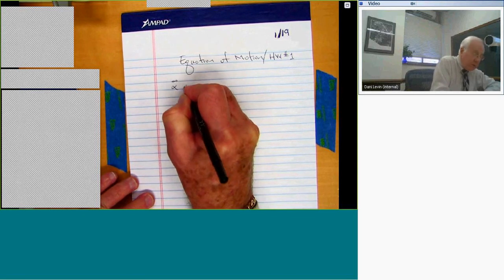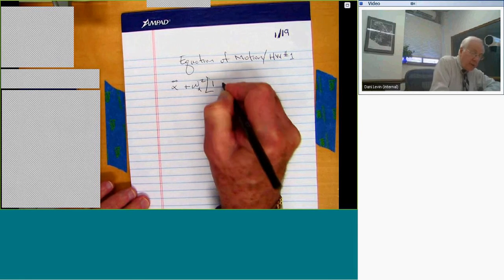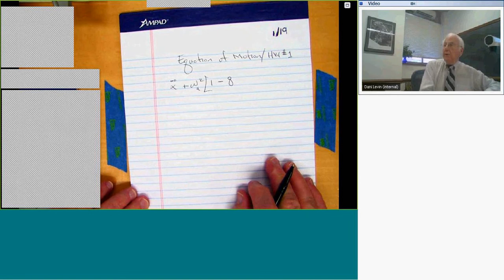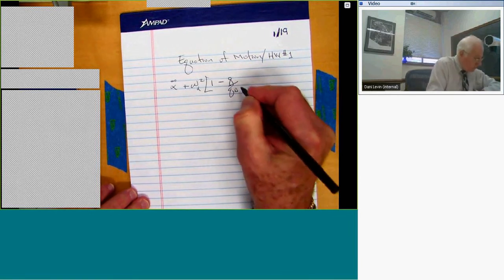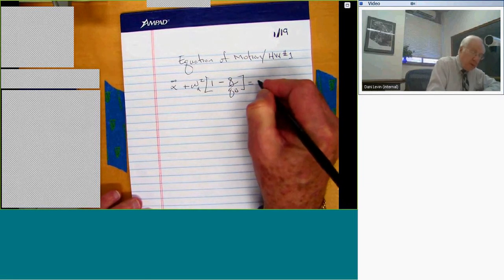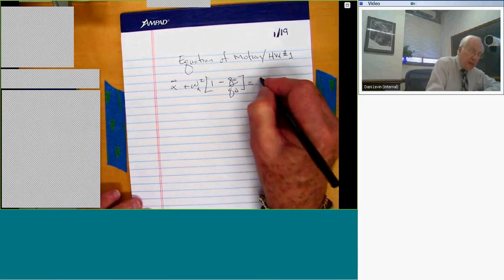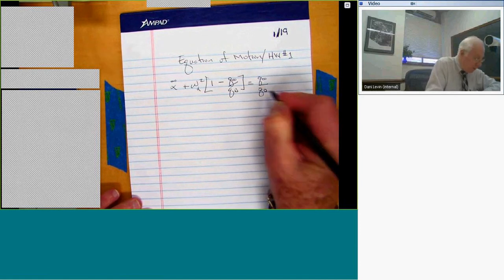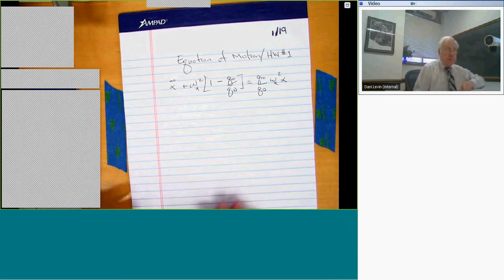It's alpha double dot plus omega_alpha squared times 1 minus the dynamic pressure. Remember, the dynamic pressure is 1/2 rho U infinity squared divided by the divergence dynamic pressure, equal to, I'll put a sub-infinity on here so you'll know I'm talking about the free stream, that same ratio of Q infinity over Q divergence times omega_alpha squared times alpha.